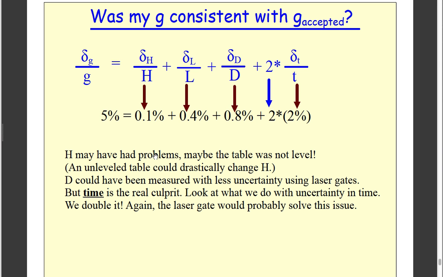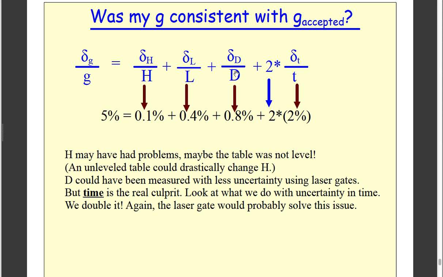H may have had problems. Maybe the table was not level. Think about it. An unlevel table could drastically change H. Delta H was pretty good, but H itself may have been drastically different than the real value for H, because if my table was unlevel, I would have to add to my block height, whatever the unlevel height was of the table.